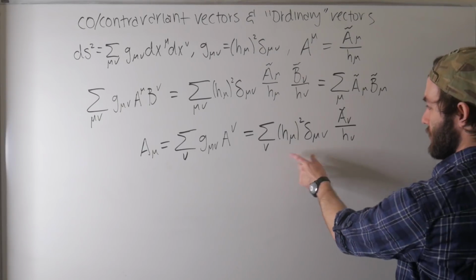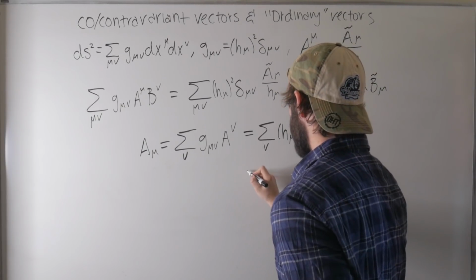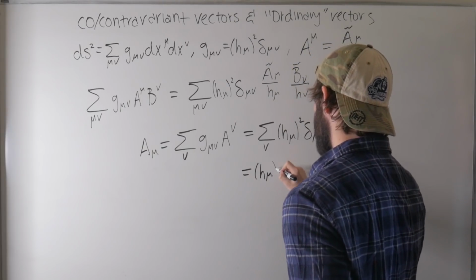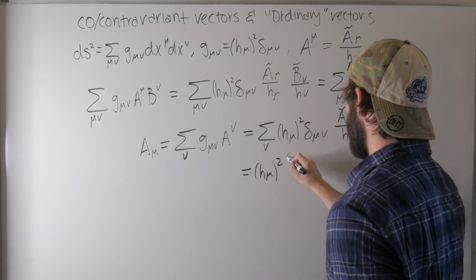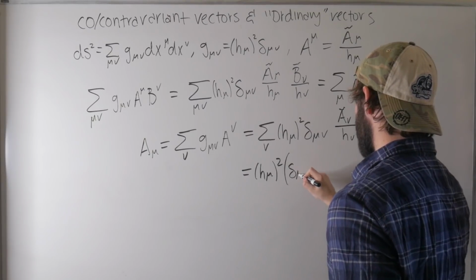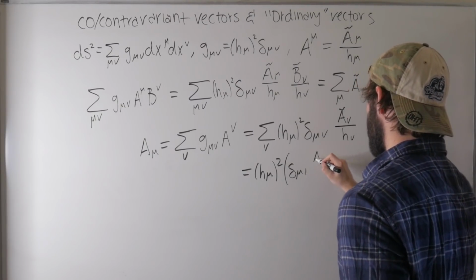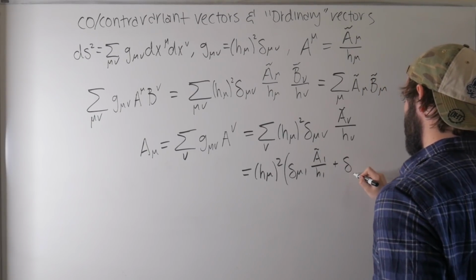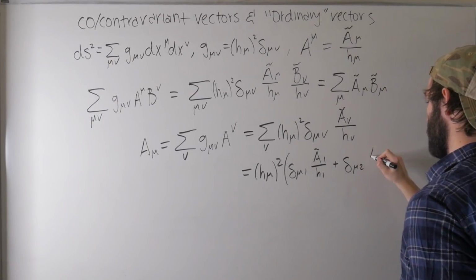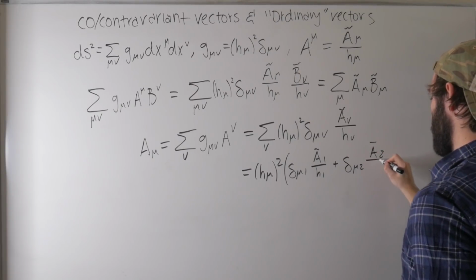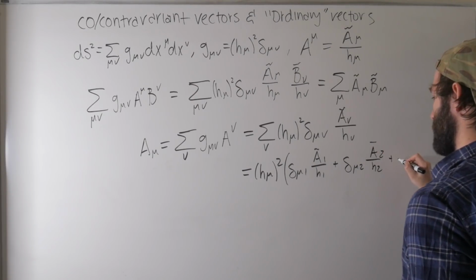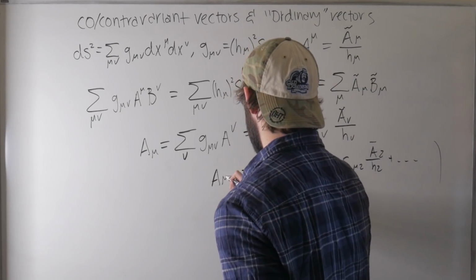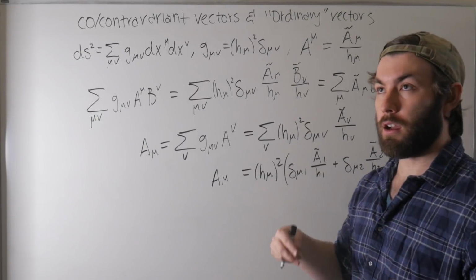Okay, and if we're summing over this, this is equal to h mu squared times delta mu 1 a tilde 1 over h1 plus delta mu 2 a tilde 2 over h2 plus dot dot dot. So this is equal to our a mu.